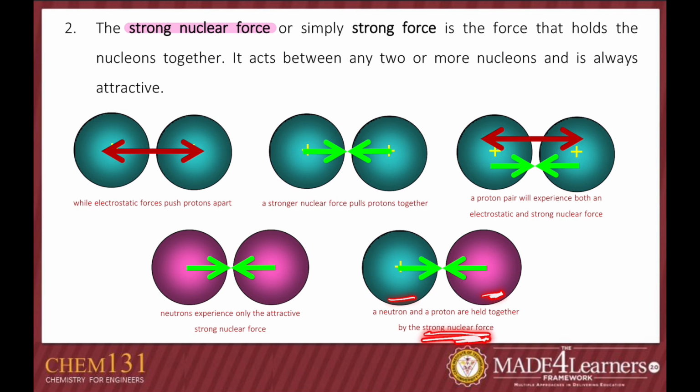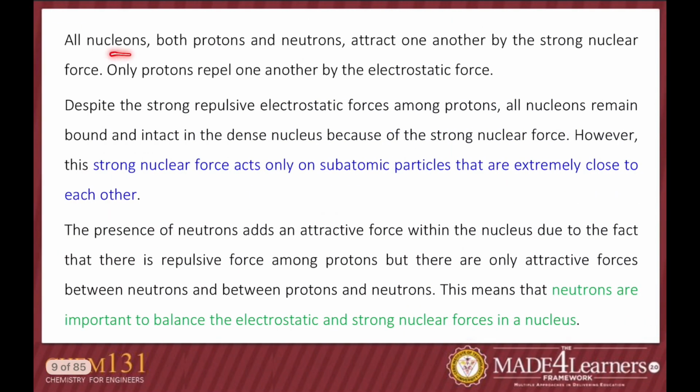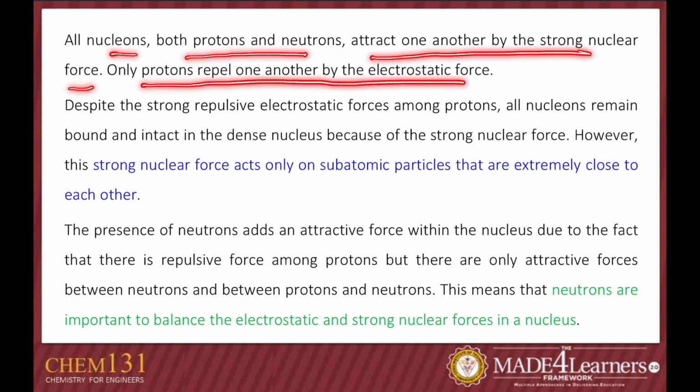So again, ang kaning electrostatic force, we're focusing on the nucleus, mo work lang siya kung naay duha ka proton. Okay, so all nucleons, both protons and neutrons, attract one another by the strong nuclear force. Only protons repel one another by the electrostatic force, as I stated ganiha.